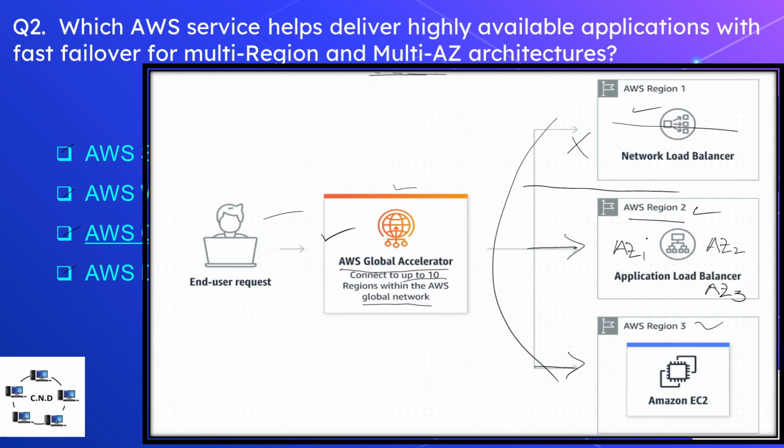So within an AWS region, if there is some issue with one availability zone, then traffic is routed to the next nearest availability zone. And then again, further inside an availability zone, we have multiple data centers. So there is a multi-tier or multi-level redundancy and high availability inside the AWS Cloud Global Infrastructure.